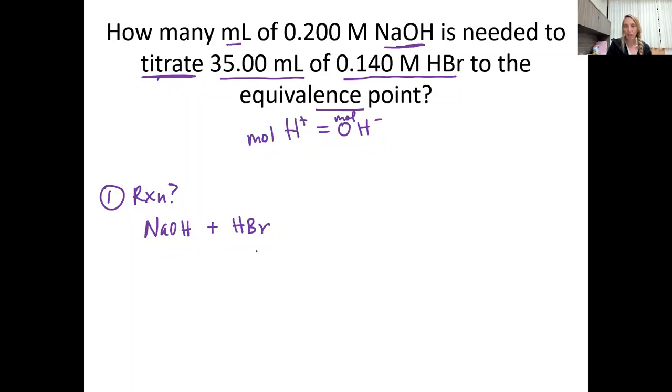You guys recognize these are both strong, right? So this is a strong base, so it's going to dissolve, and this is a strong acid. When I react a strong acid and strong base together, I form water and sodium bromide, right? I form that salt. So this is the reaction that's actually happening.